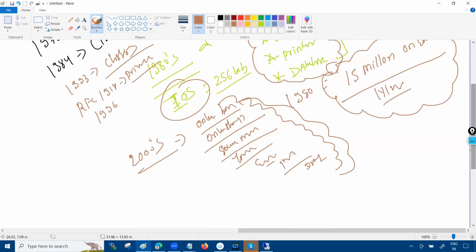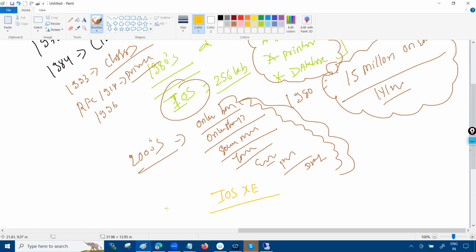To maintain these services, iOS was not sufficient. Then they came with iOS XE, a higher upgrade. Again, I'm only talking from the Cisco perspective, guys. Different vendors have different things.